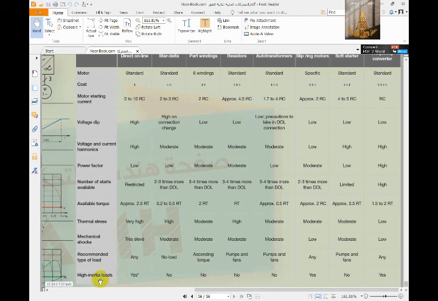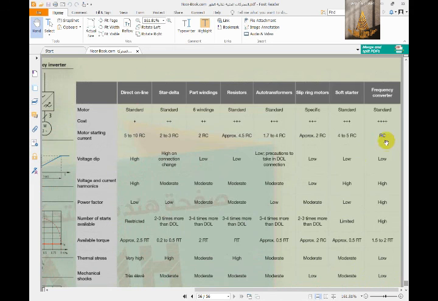High inertia loads: yes for direct online, and no for star-delta, no for part windings, no for resistor, no for auto transformers. Slip ring motor, yes. For soft starters it's no, and yes for inverter. So who's the joker right now?